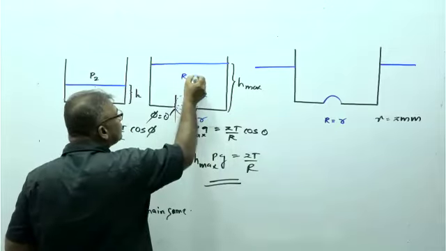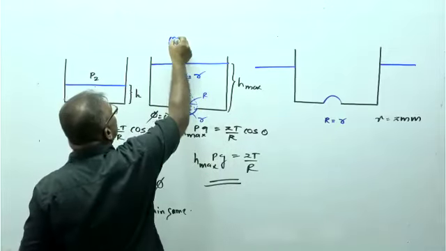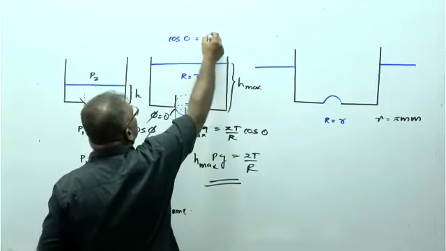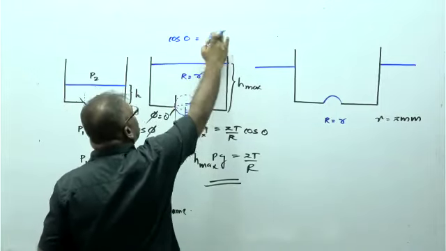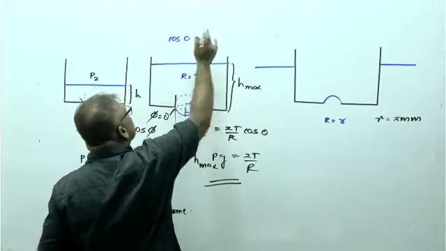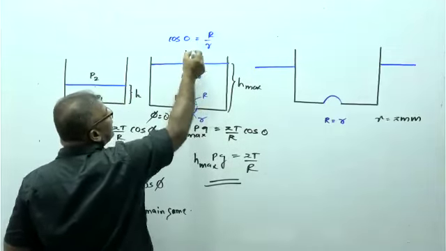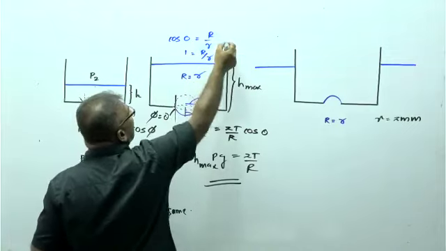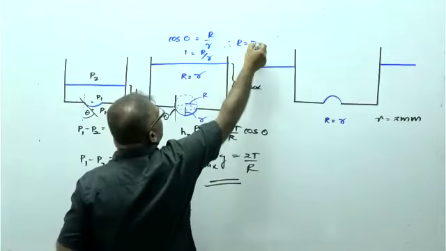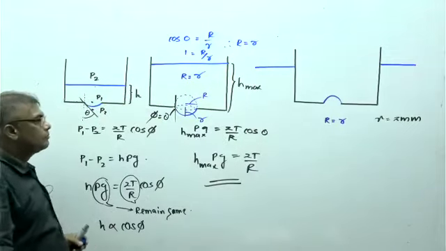Those two values could be the same. Cos 0 equals r over R. Cos 0 is 1, so 1 equals r over R. Therefore r equals R.